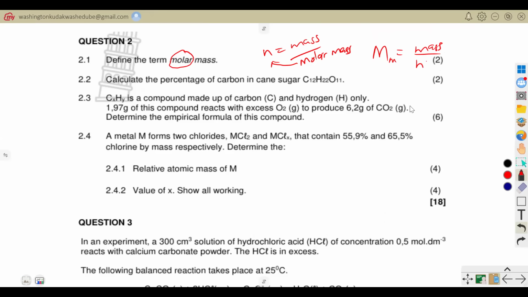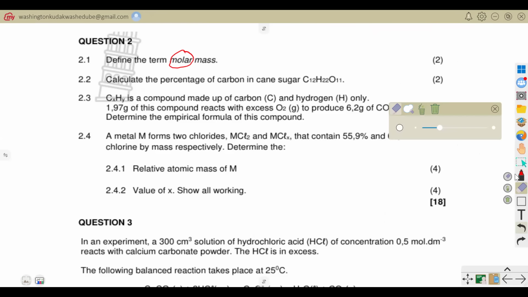So I'm just saying the amount of substance that I have per each unit mole, or else per 1 mole. So molar mass can be defined as the mass of substance of a unit what?